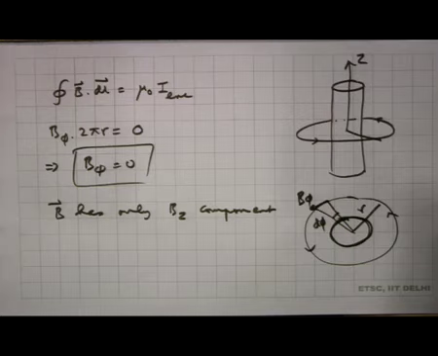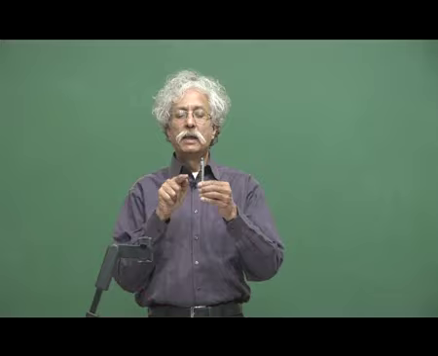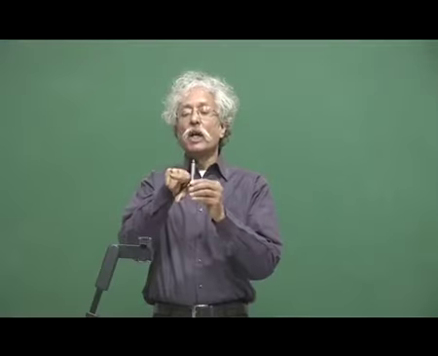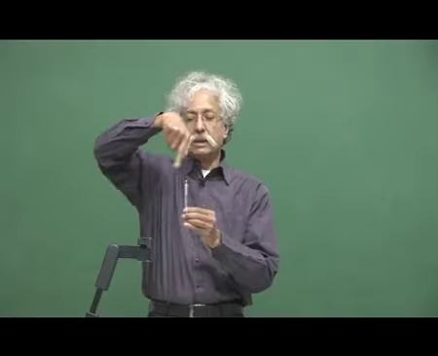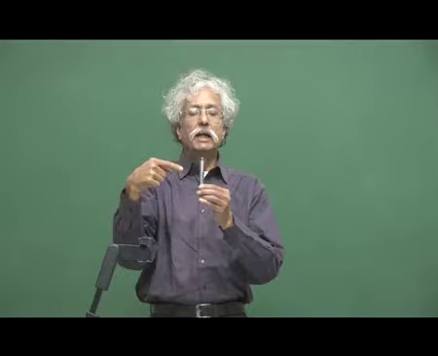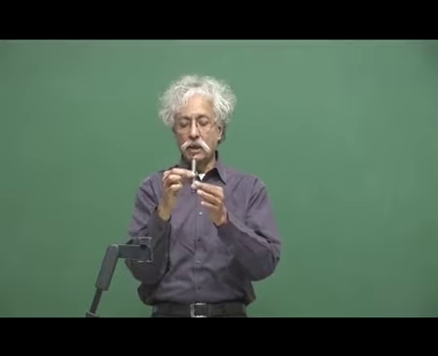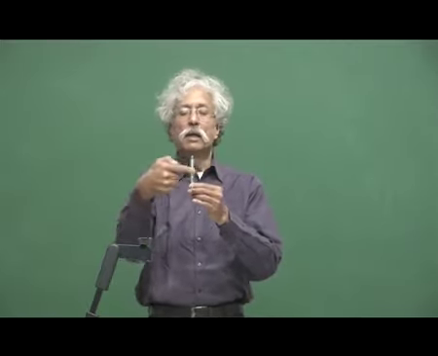So, for the solenoid, it cannot have an r component, a component away from the solenoid, and it cannot have a component along the azimuthal direction. The only component left is the z component, the only one that can survive.